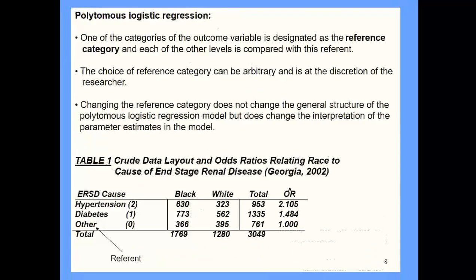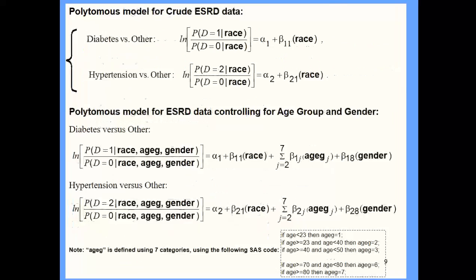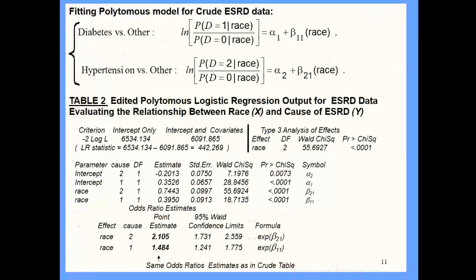I get the same answer for just looking at the crude analysis as I get when I do logistic regression, because this is a crude polytomous model. It doesn't have anything else in there other than the exposure variable, which happens to be race, and the outcome happens to be not binary, and happens to have 3 categories. So what you see is 2.105, 1.484, and you can see the confidence intervals.